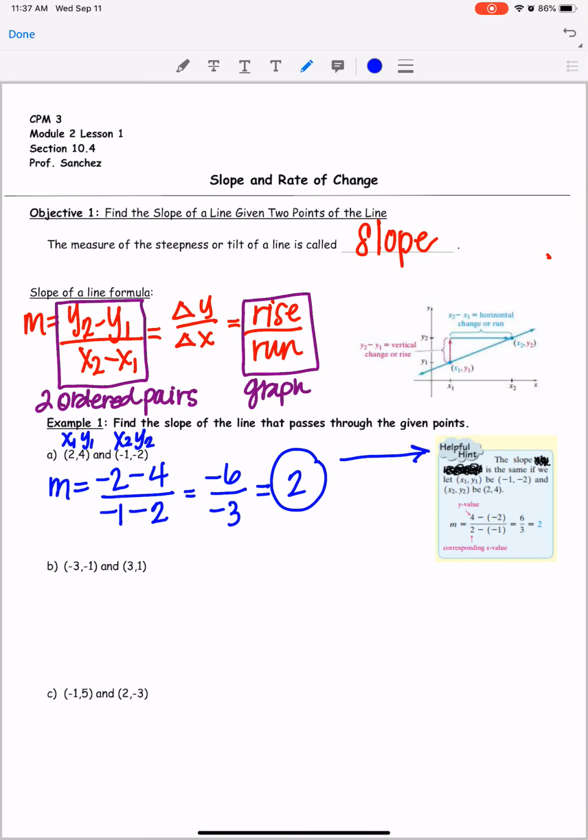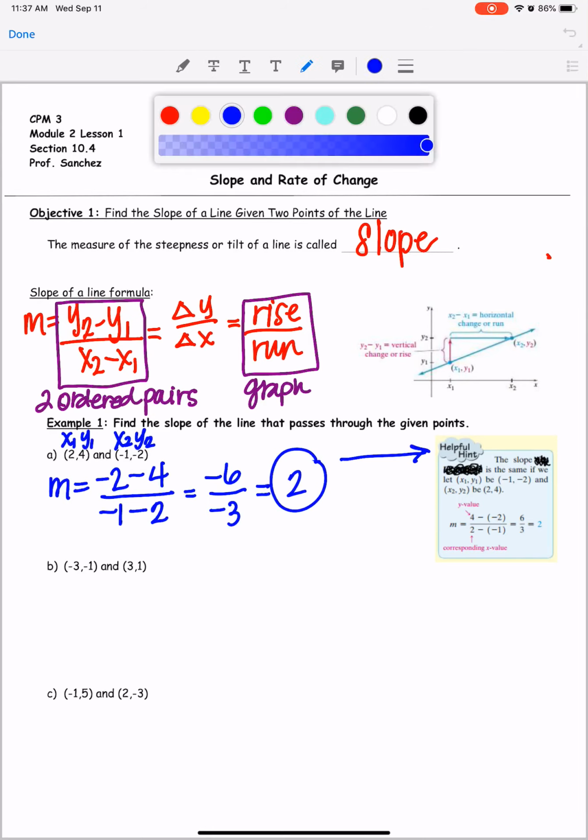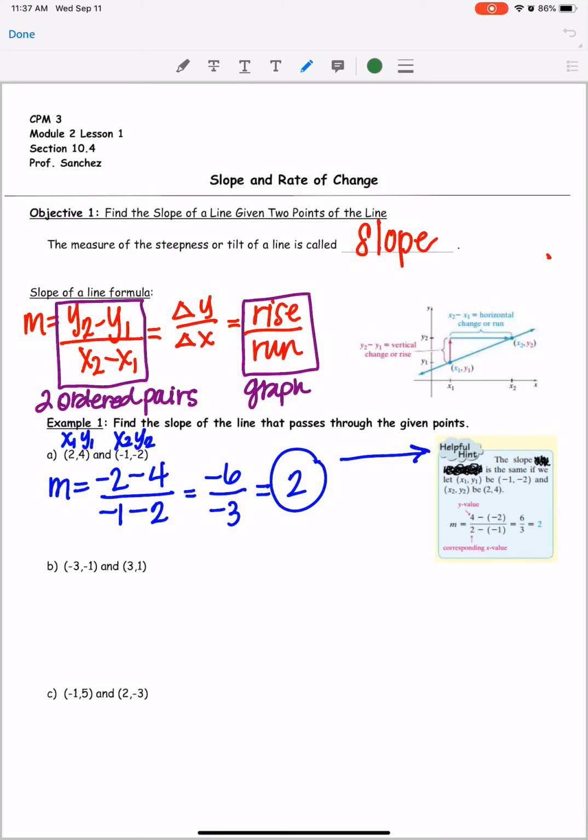Let's try another example. We've got x1, y1, x2, y2. So plug it into your formula again. y2 is 1 minus my y1, which is -1. So be careful here.